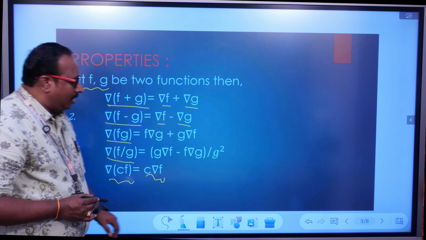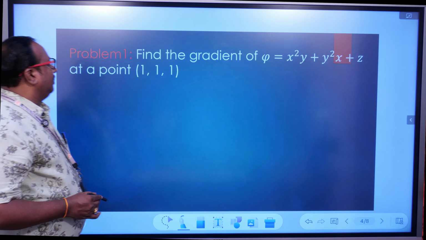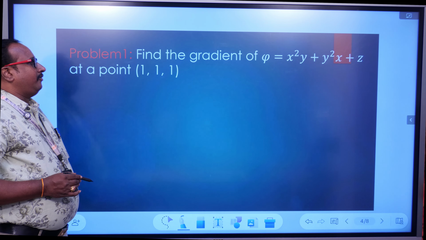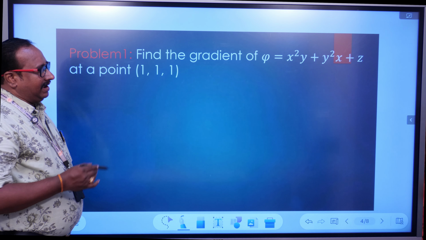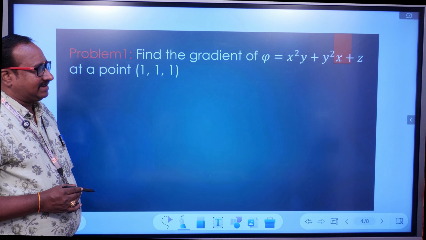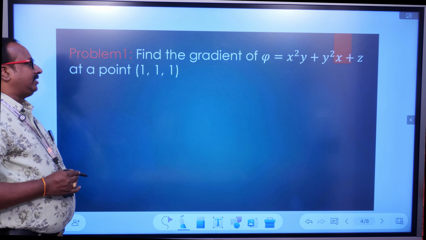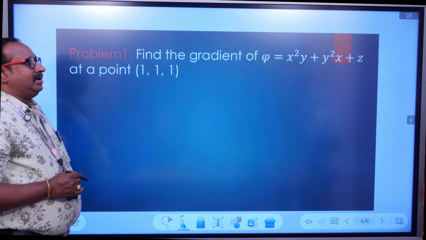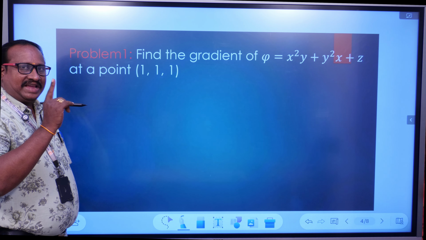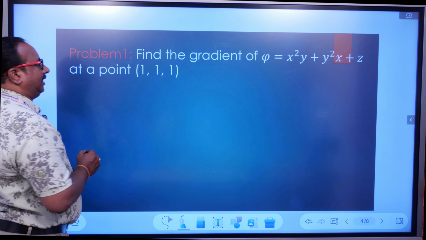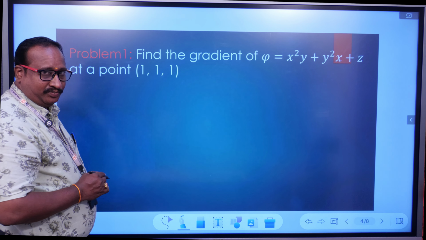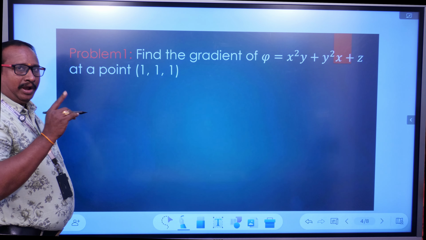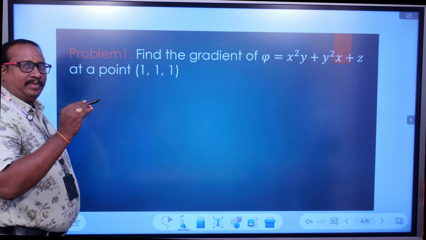Now coming to the problems. Here the problem is to find the gradient of phi equal to x square y plus y square x plus z at the point 1 comma 1 comma 1. When we observe the given problem, one scalar point function is given, that is phi equal to x square y plus y square x plus z, and also one point, that is 1 comma 1 comma 1.